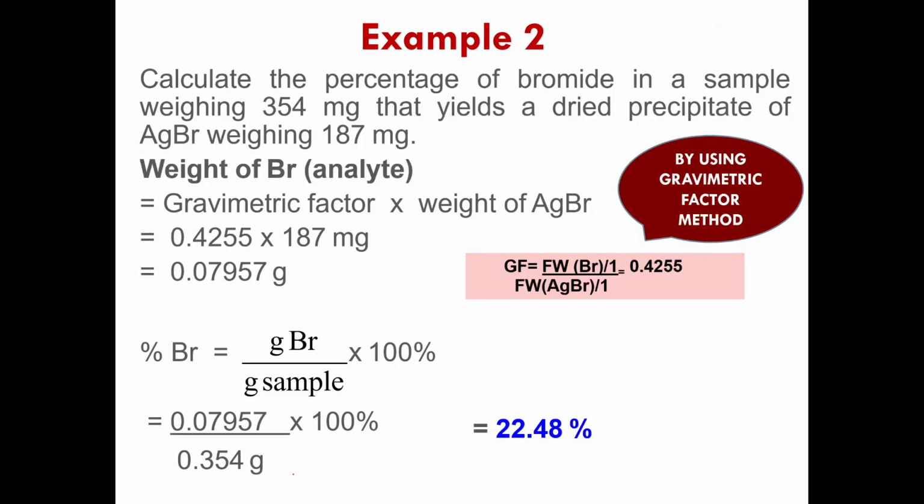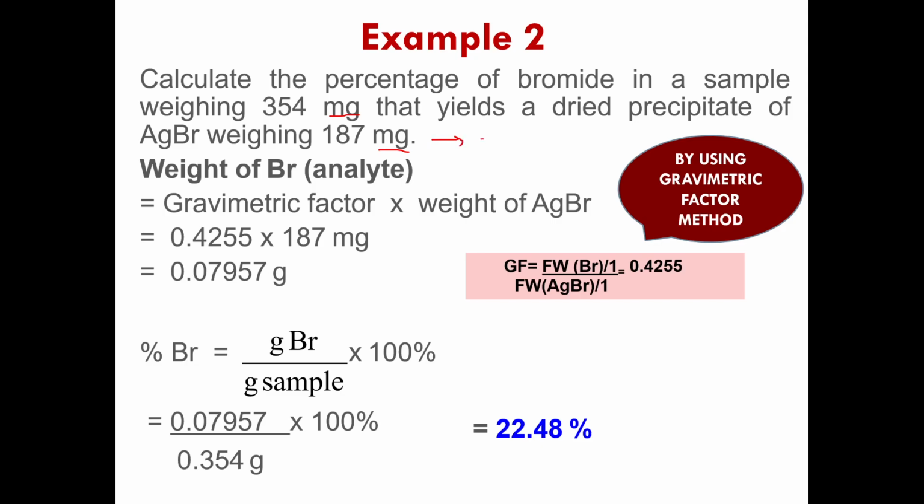So we look at example number 2. Calculate the percentage of bromide in the sample, which is 354 milligram, that produces a precipitate of AgBr weighing 187 milligram. In this question, make sure you are alert to the unit of the mass given. The unit is milligram, so the easiest way is to convert the unit to gram.